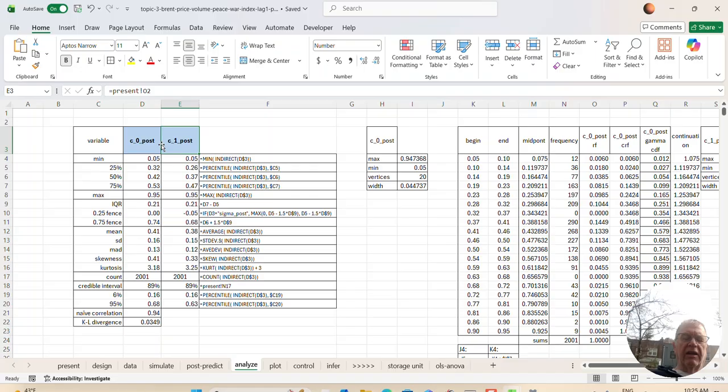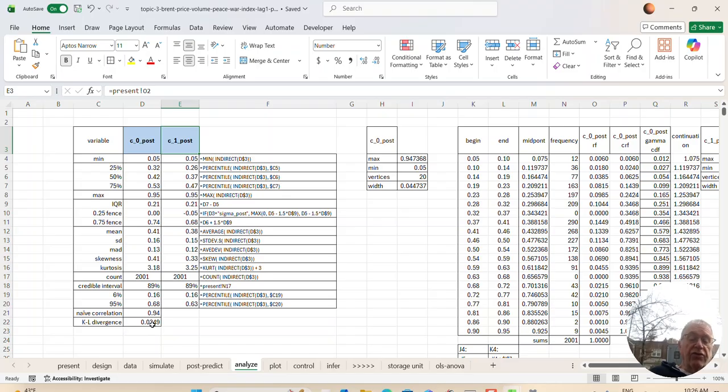Okay, and then this sheet computes all of these summary statistics regarding the 2,000 C0 posts, the 2,000 C1 posts, and how they compare. The naive correlation, the correlation where all of these things are equally likely, shows a very high degree of correlation between the two. That's kind of interesting.